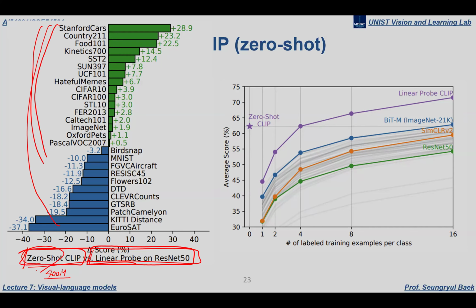They have never seen these individual datasets, neither the testing sets nor the training sets, but even in that zero shot setting, you can see that for some of the datasets, CLIP is surpassing the state-of-the-art performance based on the ResNet 50 architecture. So these figures are showing that zero shot CLIP is surpassing the ResNet 50-based state-of-the-art models in these benchmarks.